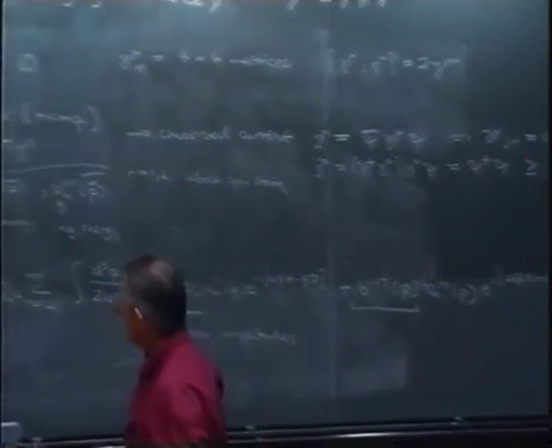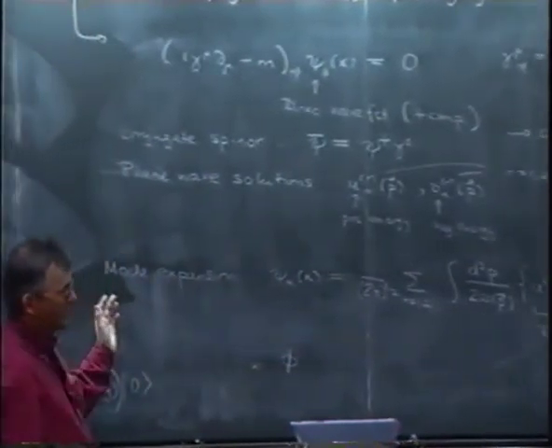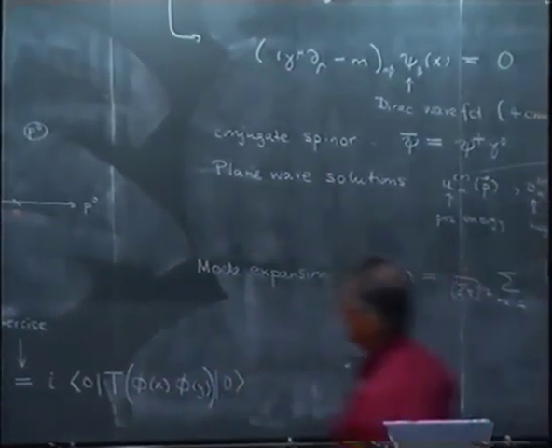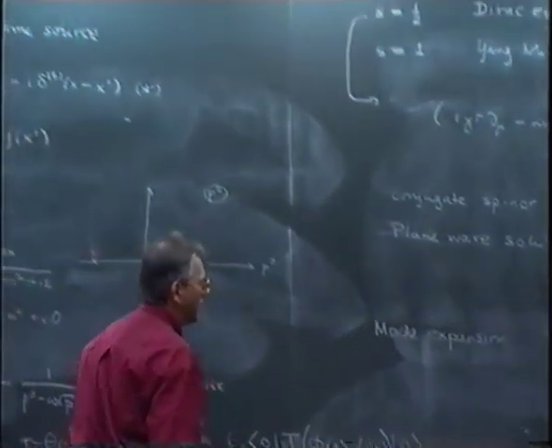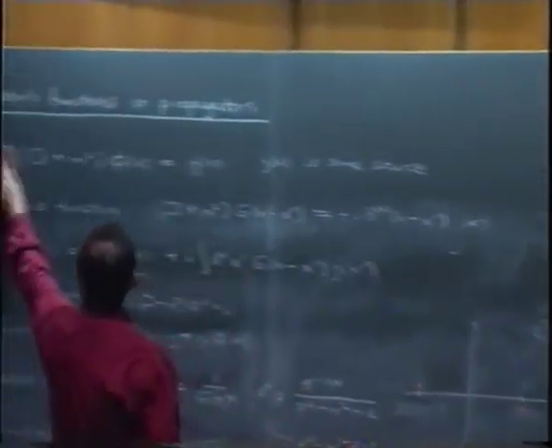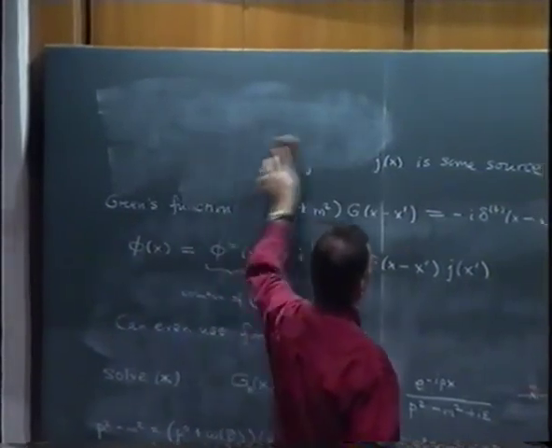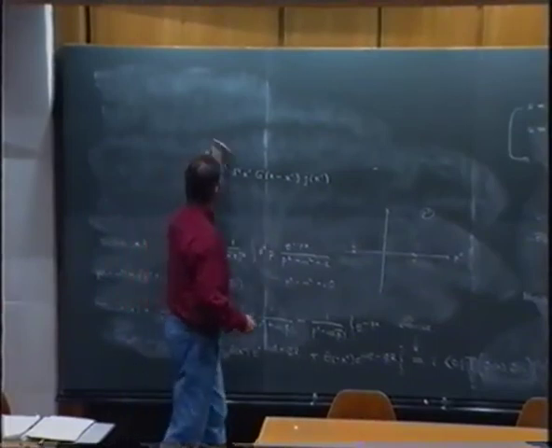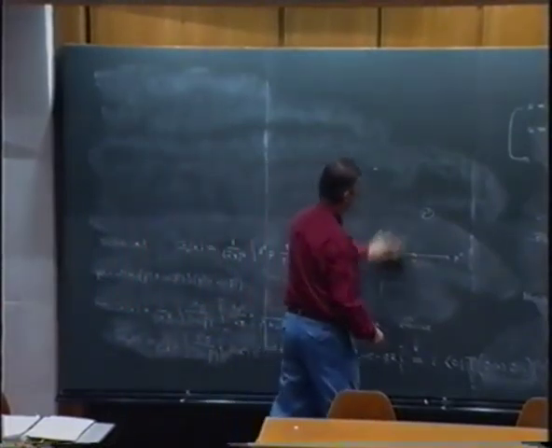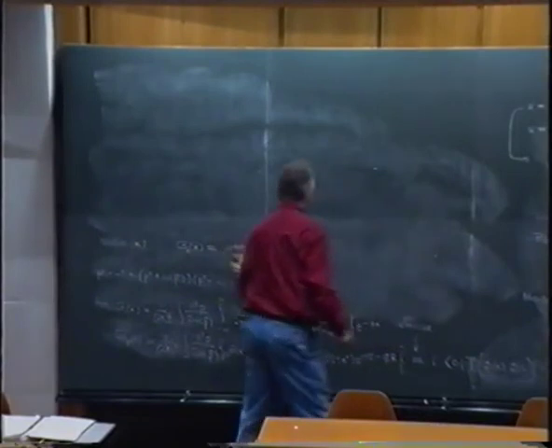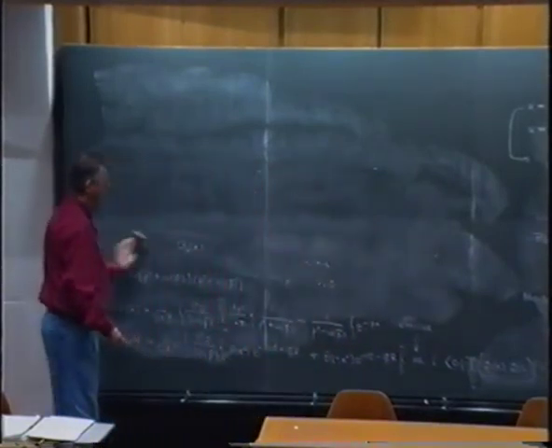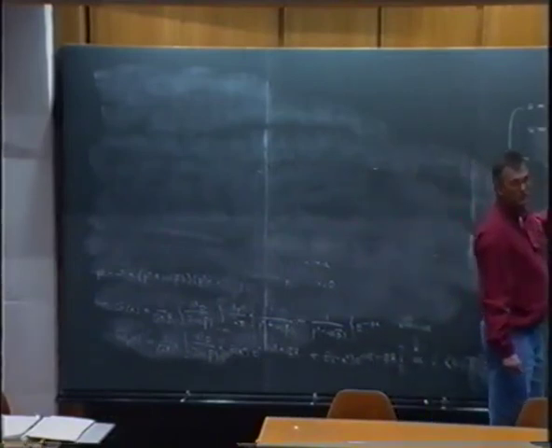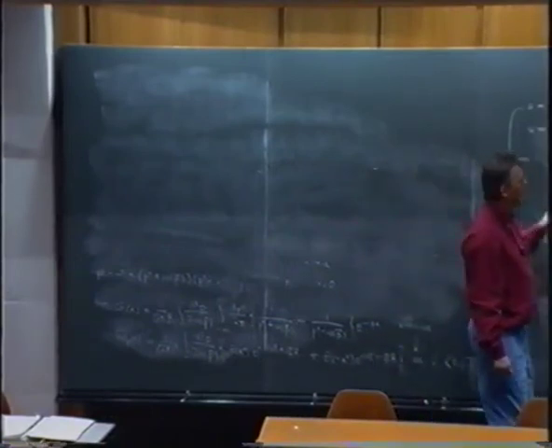So this is the Fourier expansion, the mode expansion, and now again we have to go through the procedure called canonical quantization. This is technically slightly more complicated, first of all because of the spinorial nature of the field, but also because the Lagrangian from which you get this is first order in the derivative.